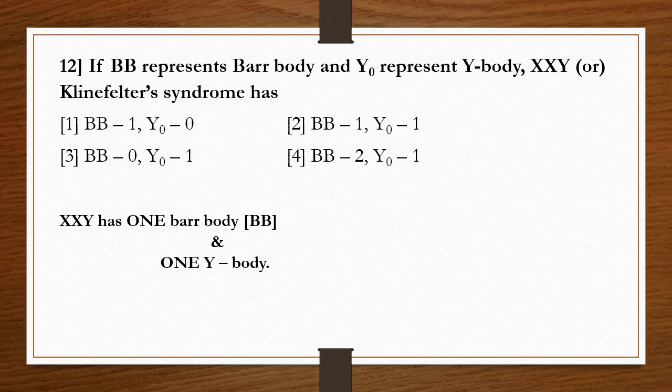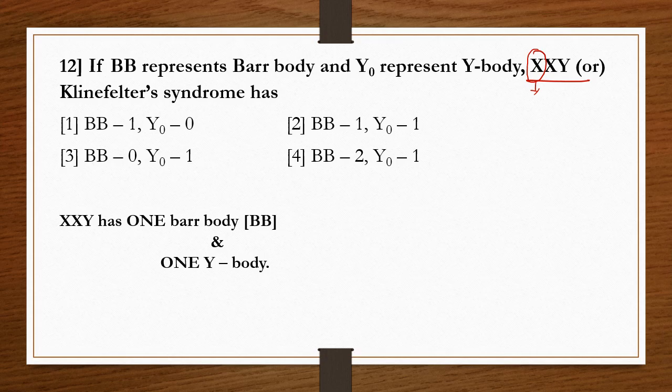Question number 12. If BB represents Barr body and YY represents Y body, XXY or Klinefelter syndrome has: in this XXY, one extra X is present, that indicates a Barr body, a female character.